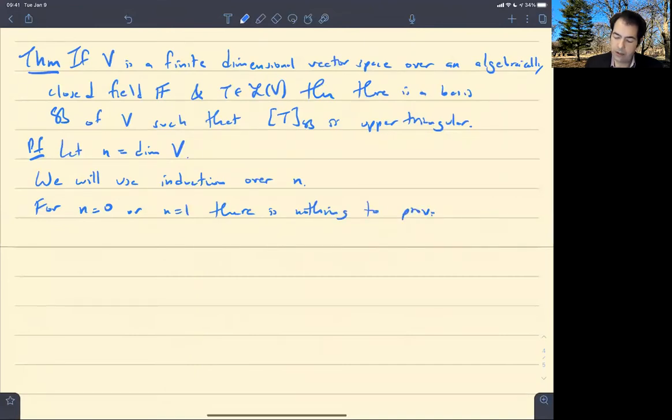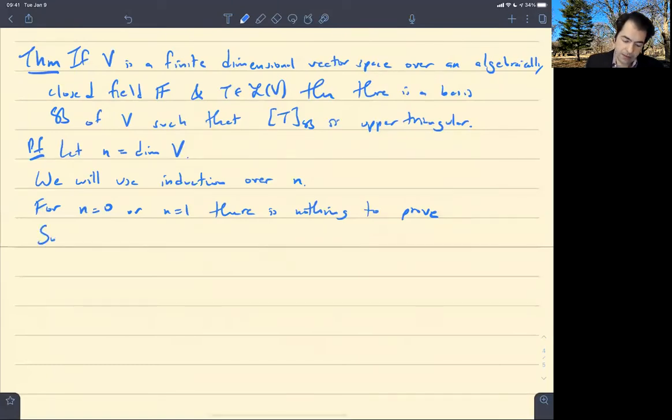If you have a one-dimensional vector space, then the matrix associated to T with respect to any basis is a 1-by-1 matrix, so it is upper triangular. So that's the base case. Nothing to prove.